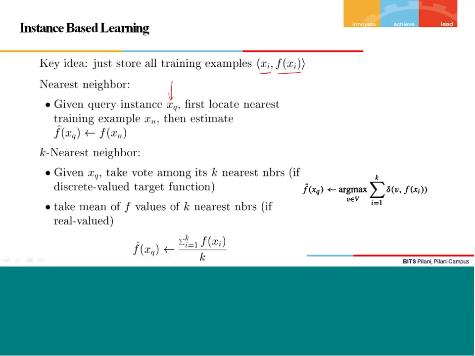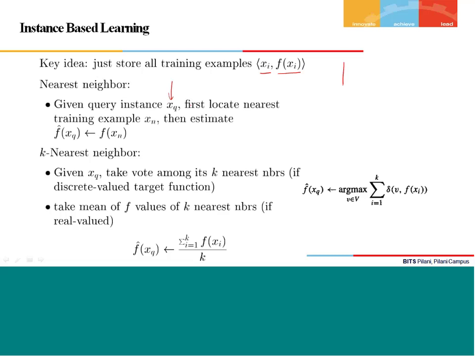Every time somebody asks me the label of this query xq, I will find my k nearest neighbors and check what labels they have. They may have more than one label. In that case, I will take the majority, counting which label is major in these 10 labels.